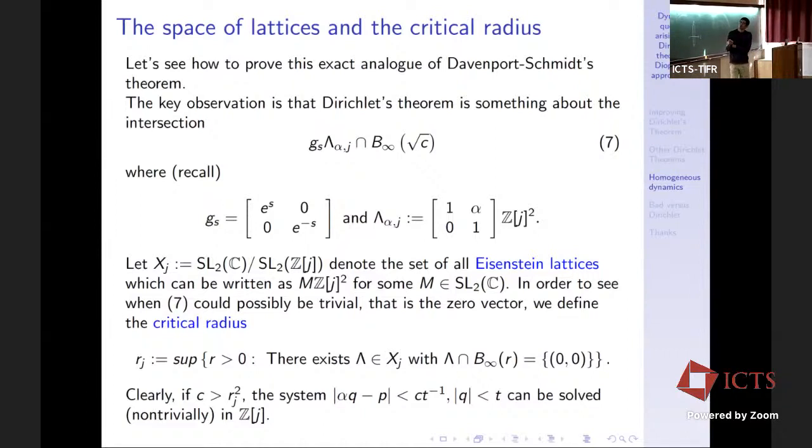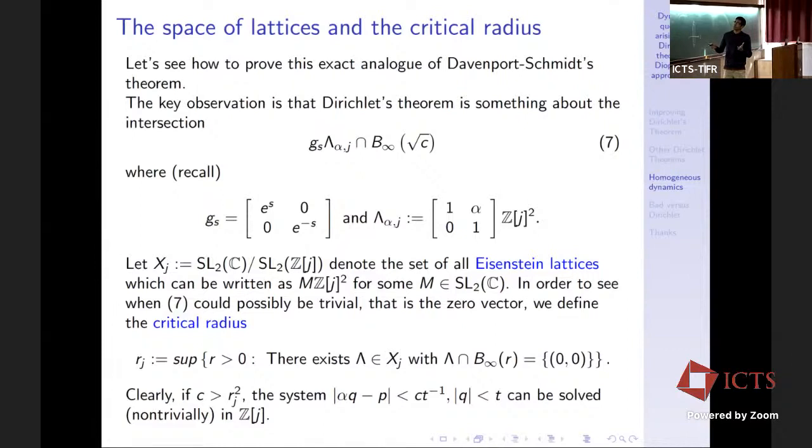So what we're actually looking at here is the set of Eisenstein lattices in C^2. So what I mean is they're going to be Z[J]-submodules of C^2, discrete Z[J]-submodules of C^2 which have finite covolume. Okay, so I don't want to look at all of them.